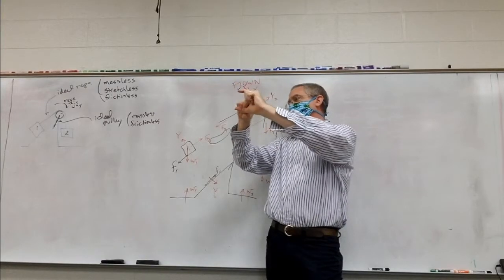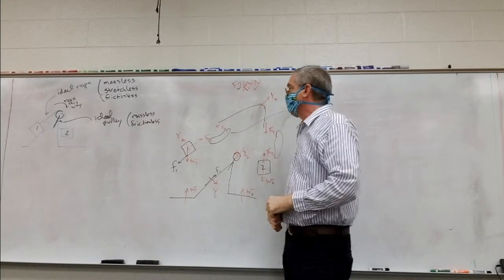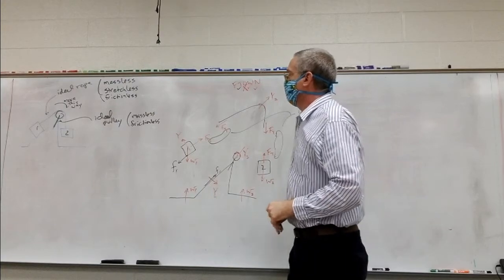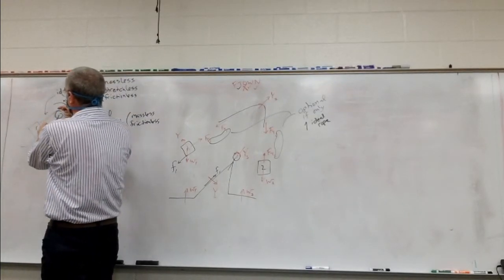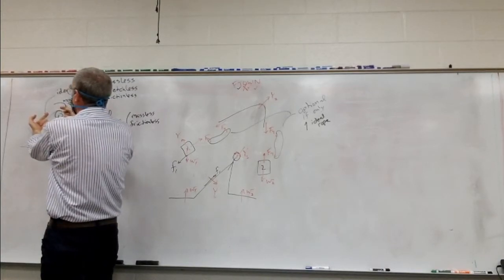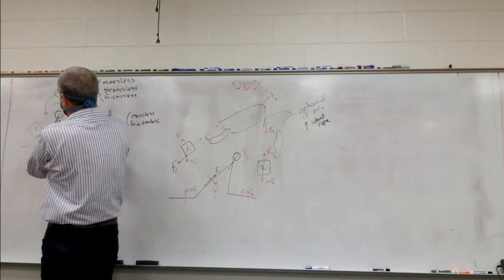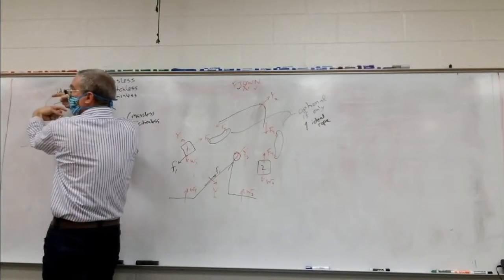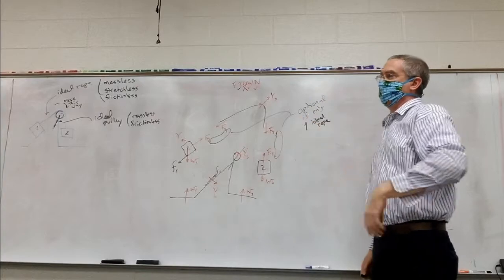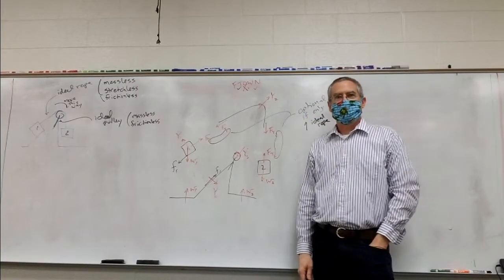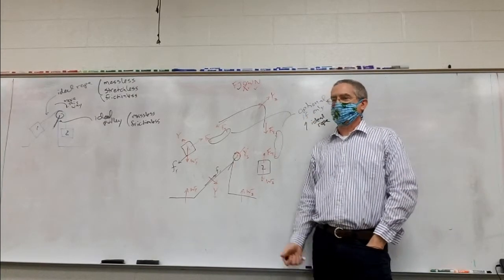If I did add a friction there so that the pulley turned, then yes, there would be a friction. The rope is going this way, so friction on the rope would be acting that way, and on the pulley it'd be going this way. But we're not worried about that right now, unless you want to. Okay.